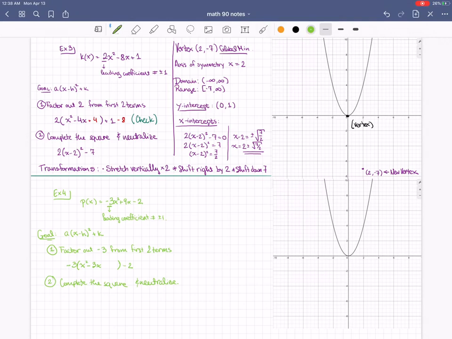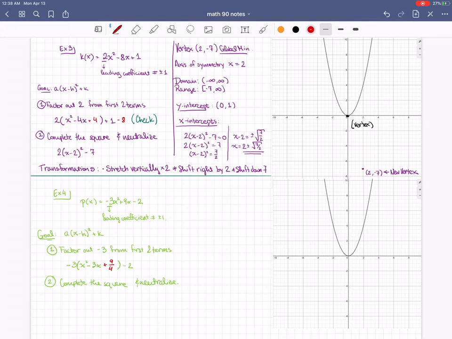It so happens that the middle coefficient here isn't even. So when you divide -3 by 2, you get -3/2. And when you square that, you get positive 9/4. So we're going to add 9/4 in order to complete the square inside the brackets.